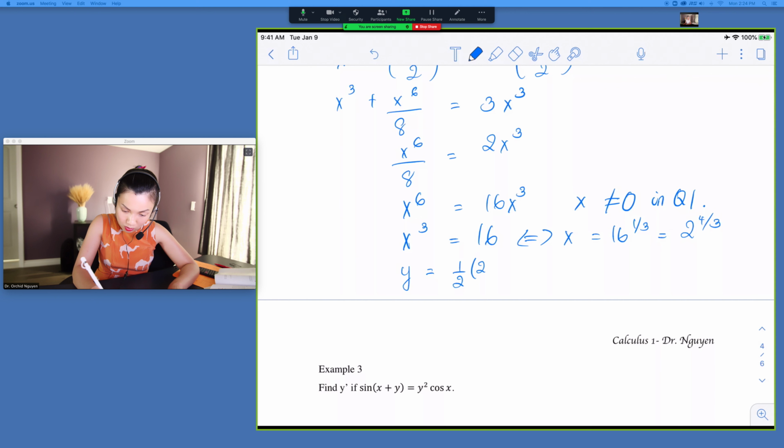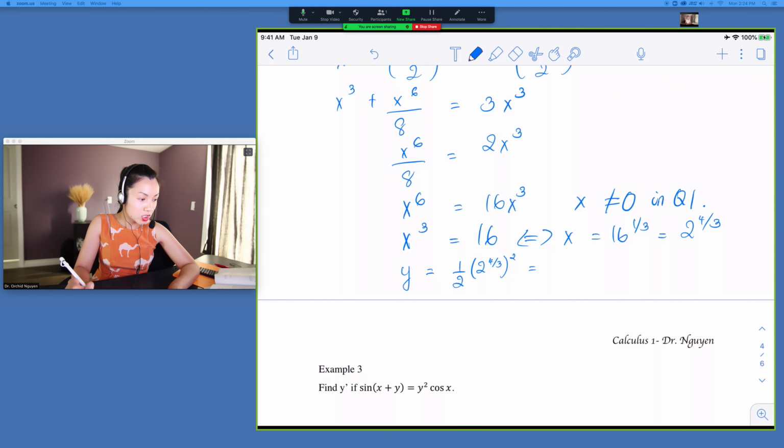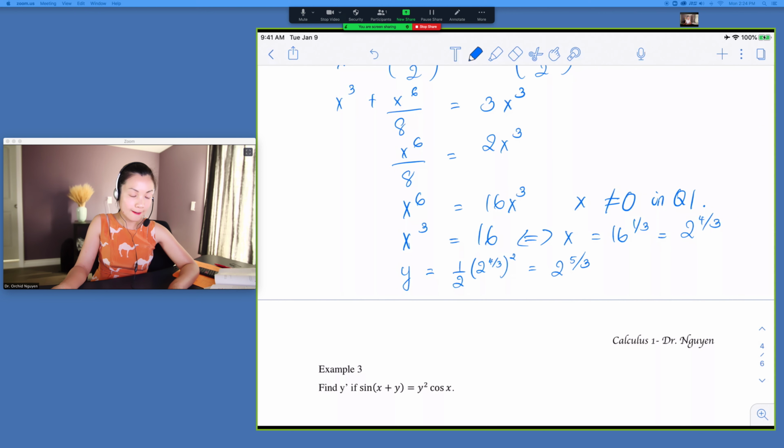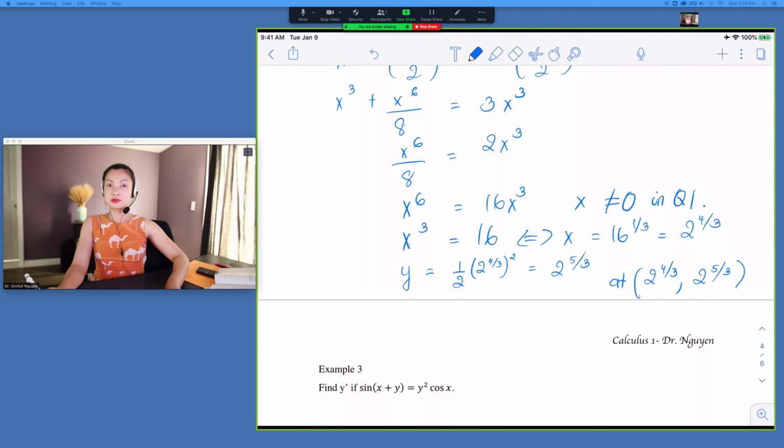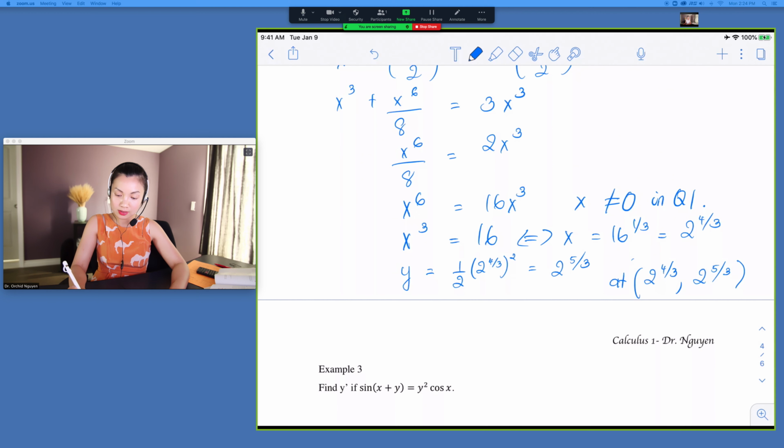So I have 2 to the 4/3 squared, which simplifies everything, you get 2 to the 5/3. Okay, so the tangent line is horizontal at x is 2 to the 4/3 and y is 2 to the 5/3. Okay, so we got the point.